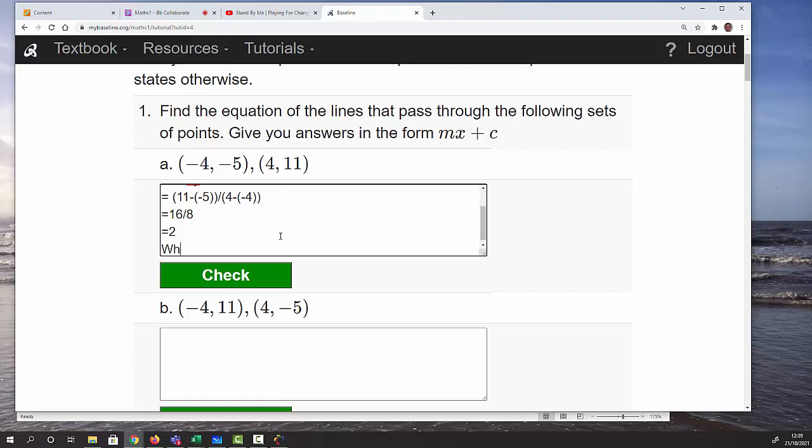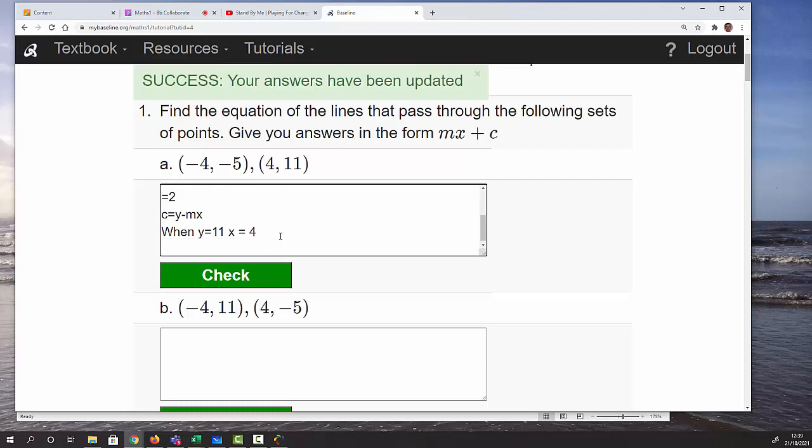Then what I'm going to say is that c is equal to y minus mx. So when y equals 11, x equals 4. Maybe you don't need that line, but it won't hurt.